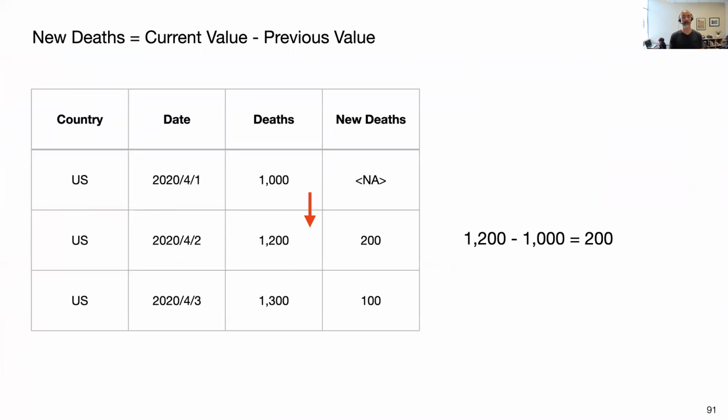Let's focus on the second from the bottom. The number for the day is 1,200. But how many people died on that day, April 2nd? All you need to do is subtract the previous value, in this case 1,000. So 1,200 minus 1,000 equals 200. That's how much the number increased from the day before. So let's call it new death, and that's 200.